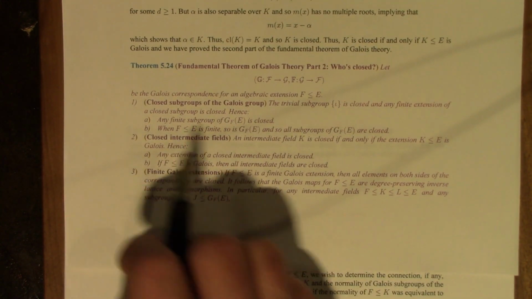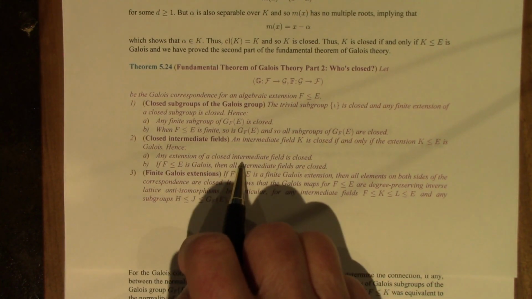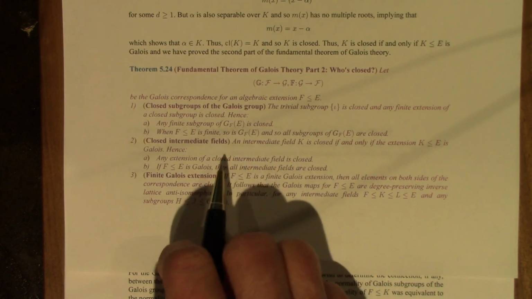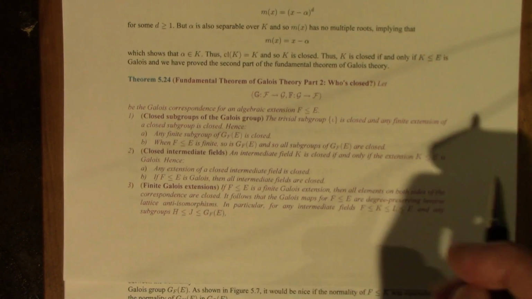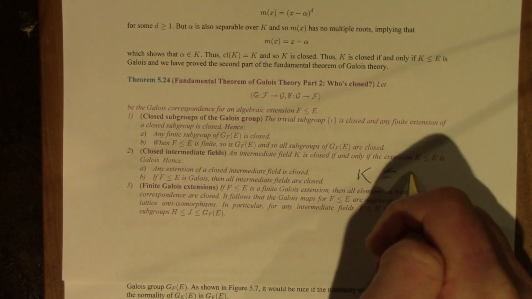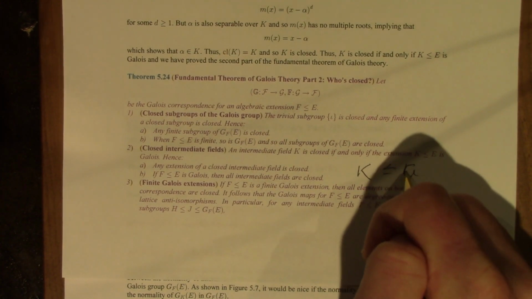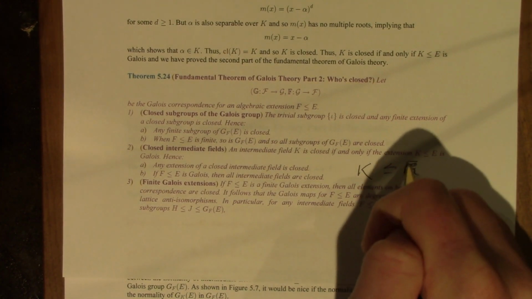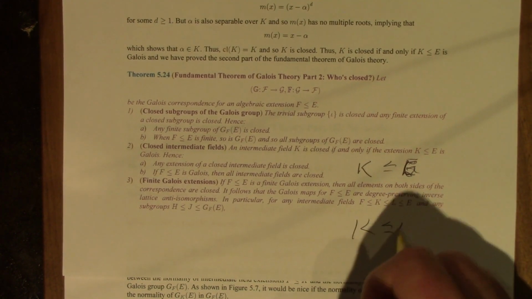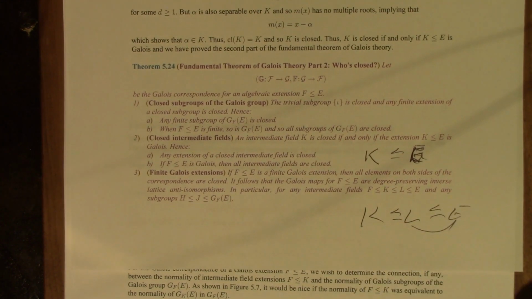What does that tell us? Any extension of a closed intermediate field is closed because, I'll write this down here, if K is closed, that means this, E, is Galois, and so if we have anything in between, this is also Galois.